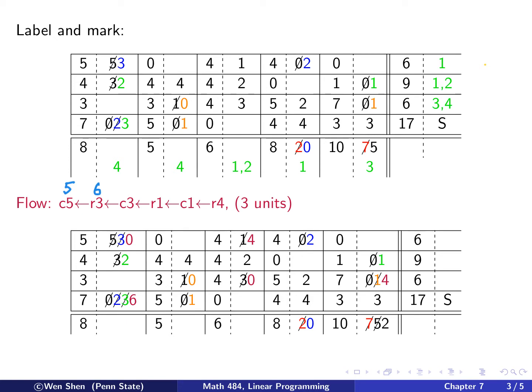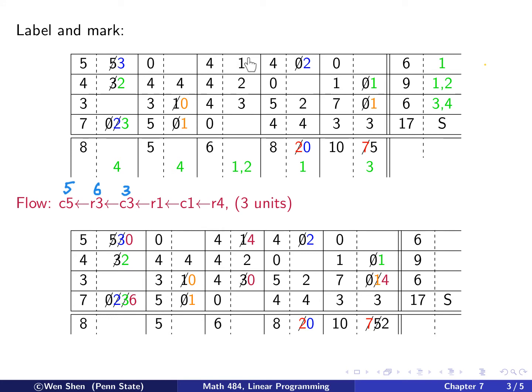Okay. So once R3 is done, I know this is coming from column 3. Column 3 is here. What's the maximum number I can decrease? It's 3. So let's label that. Then the next one is row 1.